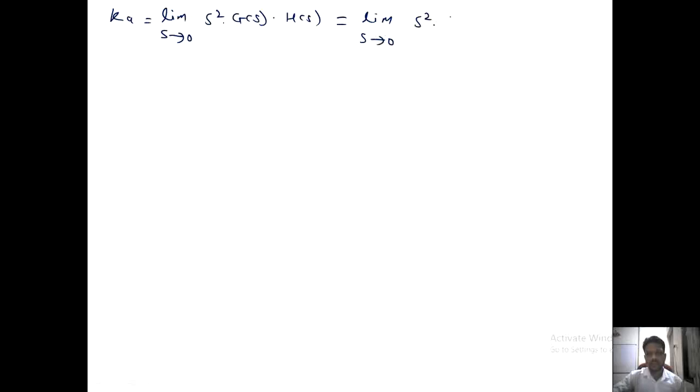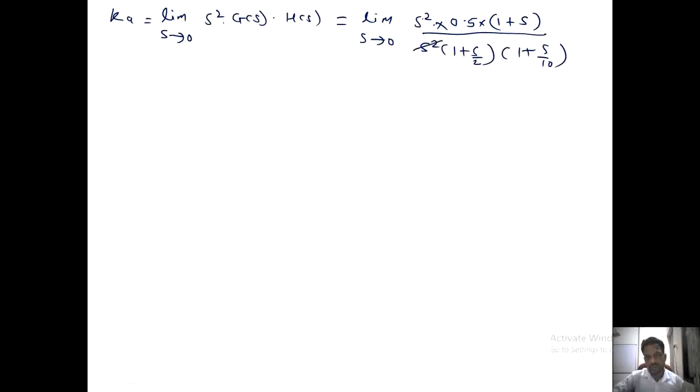Next error coefficient is Ka, and it is limit s tends to 0 of s square into G(s) H(s). So limit s tends to 0, s square times G(s) H(s), which is 0.5 into (1 plus s) divided by s square, (1 plus s by 2) and (1 plus s by 10).